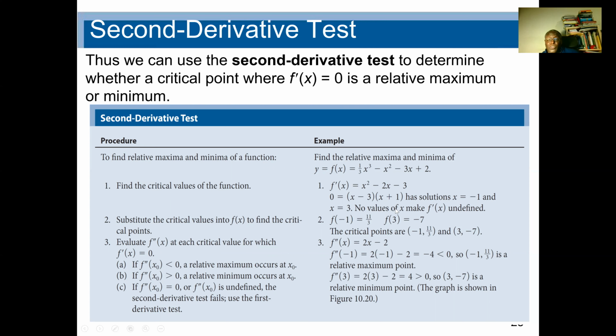So here we say no values of x make the first derivative of f at x undefined. So we continue. The next step, we use -1, f at -1. When we do the calculation, we get 11/3. Then f at 3 also gives us -7. So the critical points will be (-1, 11/3) and (3, -7).